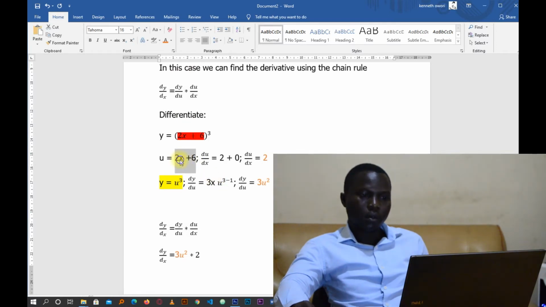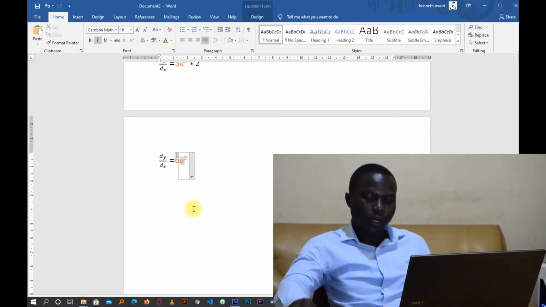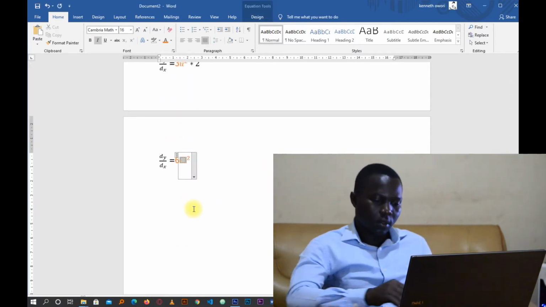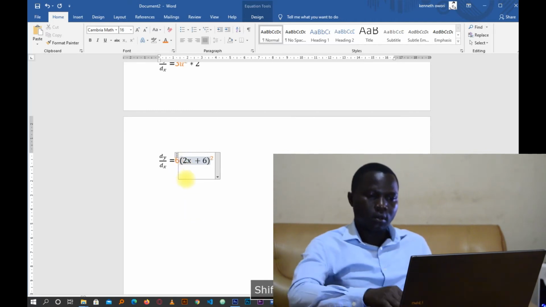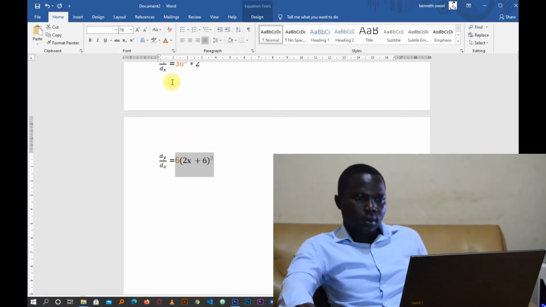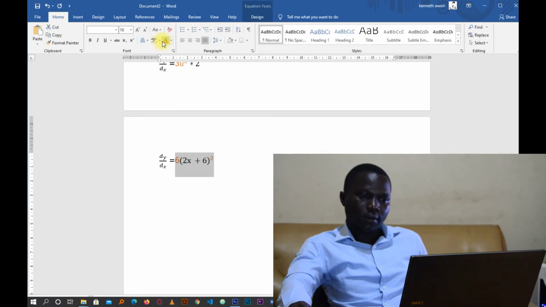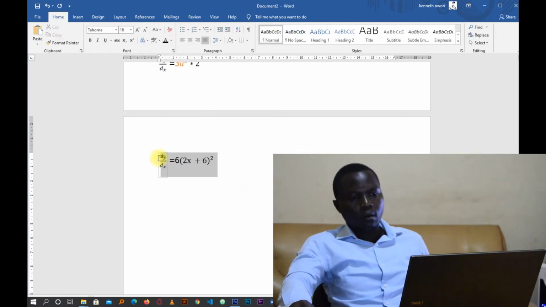So we would have our derivative as 6, and where there is u, we put what u was initially, and this would be our derivative: 6 into (2x plus 6) squared. That would be the derivative of that expression.